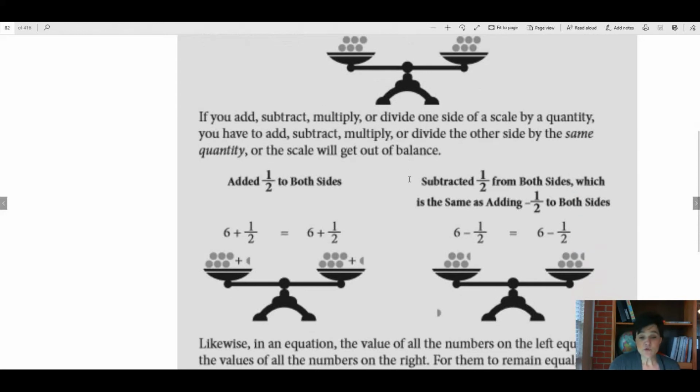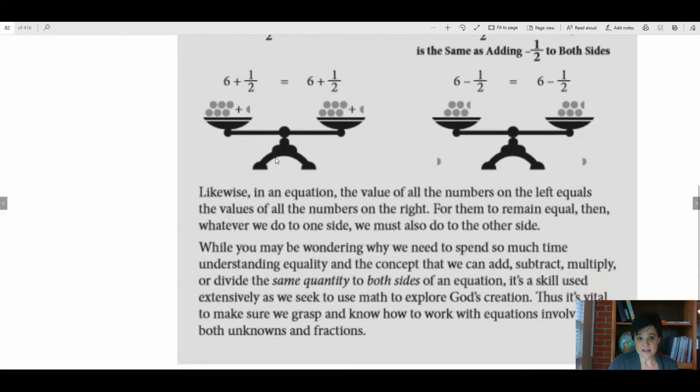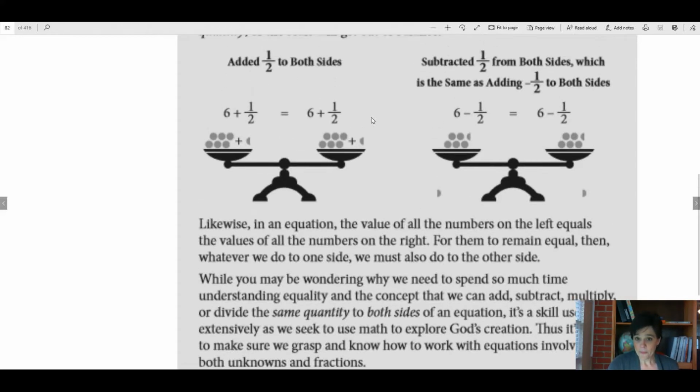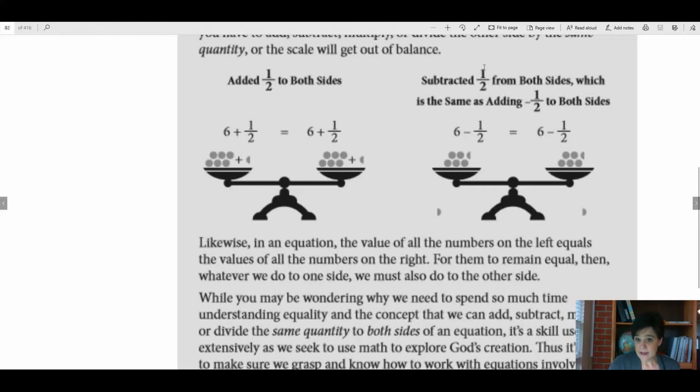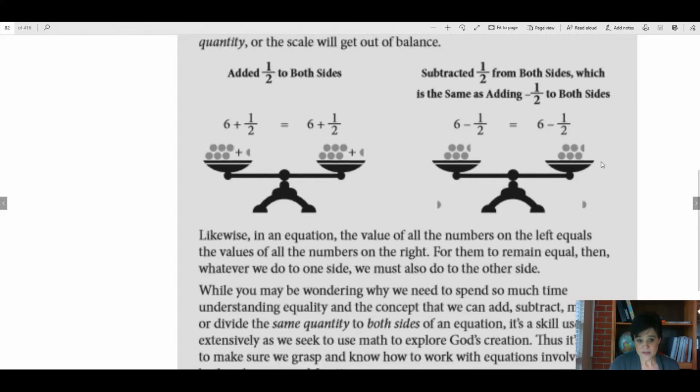If you add, subtract, multiply, or divide one side of a scale by a quantity, you have to add, subtract, multiply, or divide the other side by the same quantity or the scale would be out of balance. So here, if you have your 6's and you add a half to this side, then to keep it equal, you must add a half to this side. Okay, subtracting half from both sides, you'd have to do that to both sides.